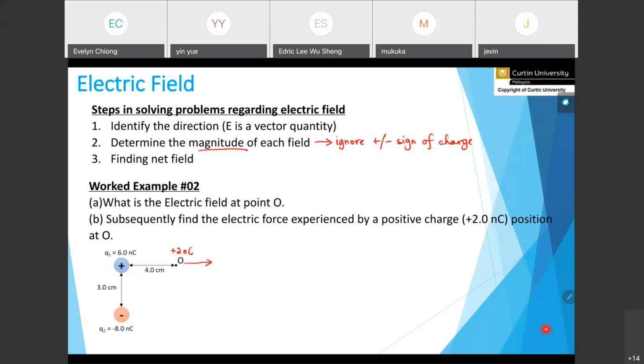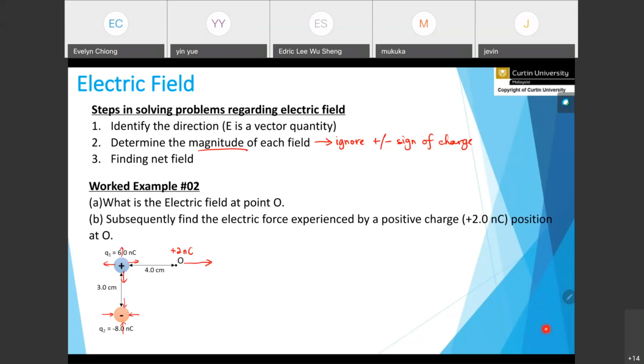And then for Q2, the electric force is going like this. That is the electric field.